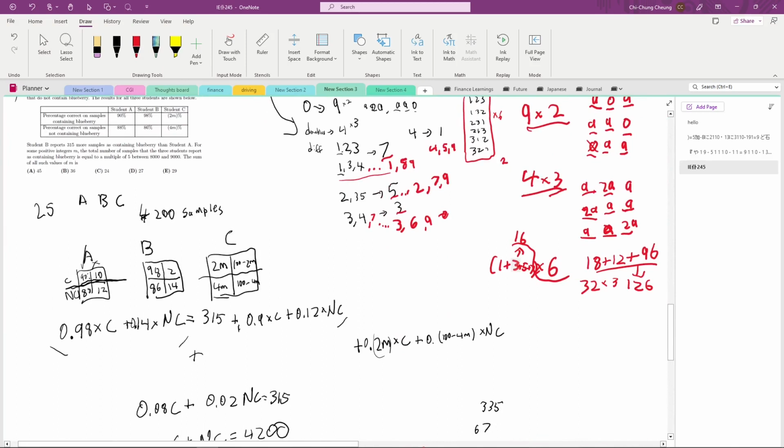And lastly, this is the first question that I couldn't confidently solve within the time.